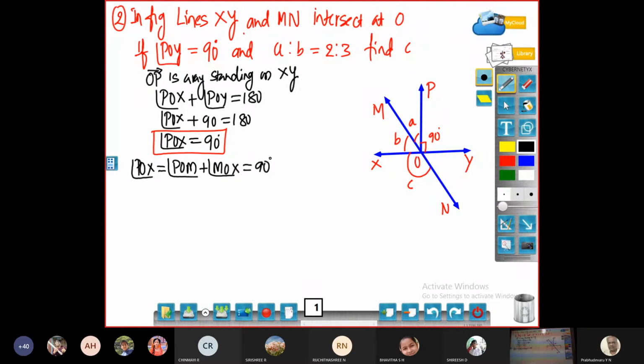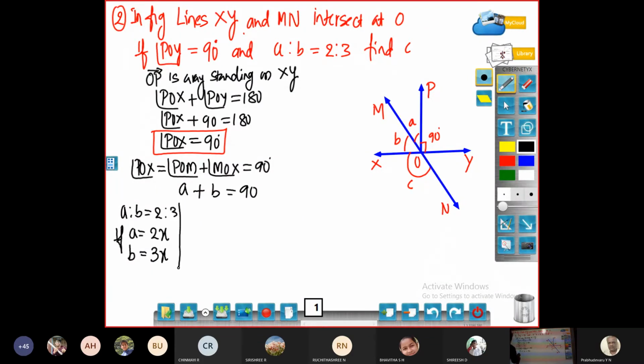And POM is nothing but angle A, plus this is angle B, and it is equal to 90 degrees. The ratio is given, A is to B is 2 is to 3. Suppose if A is equal to 2x degrees, then B will be equal to 3x. That is the ratio they have given. You can take if angle A measures 2x degrees, then B must measure 3x degrees.